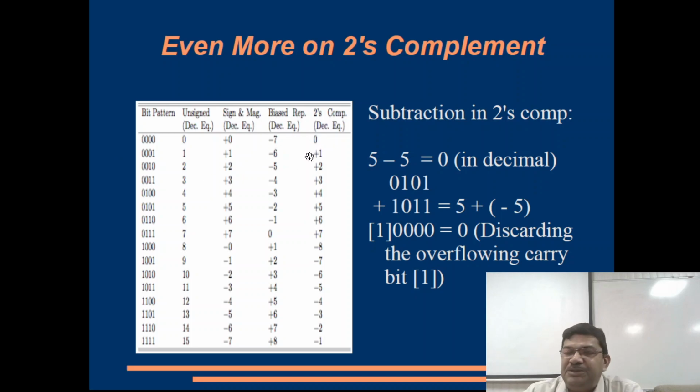Then 2's complement, again you have minus 8 to plus 7, right? And that's the complete range you have.